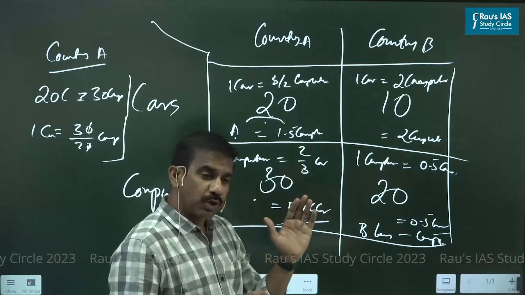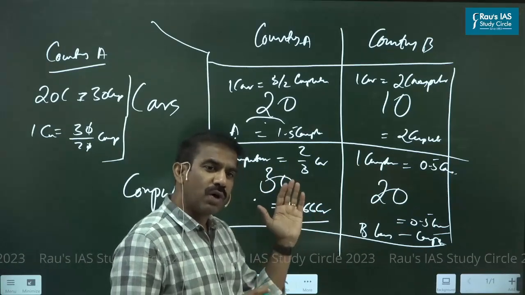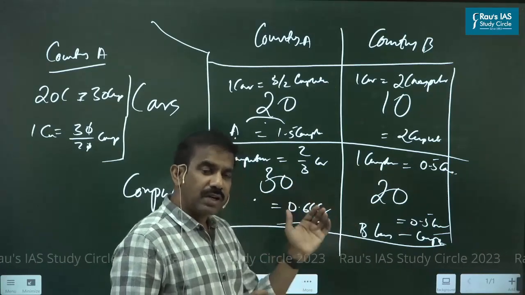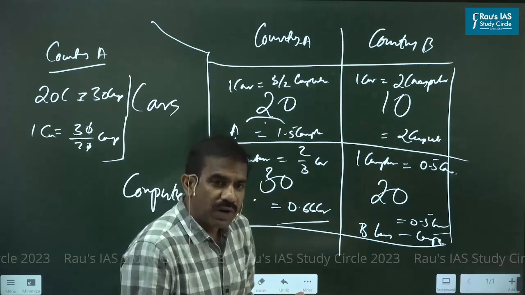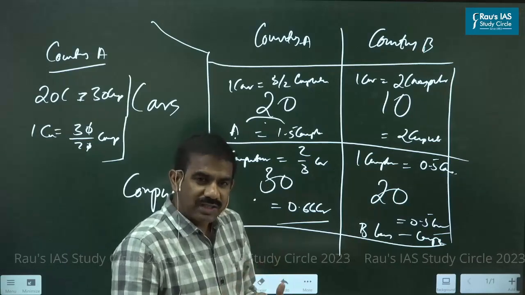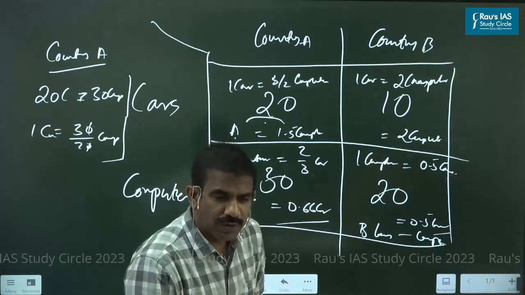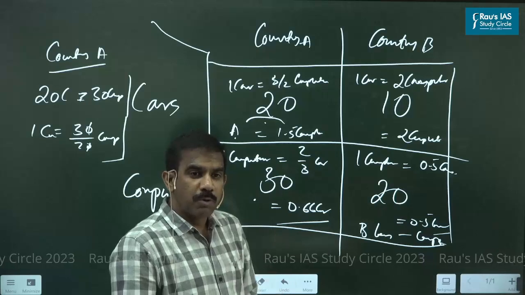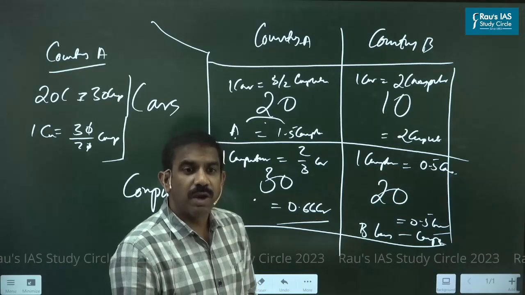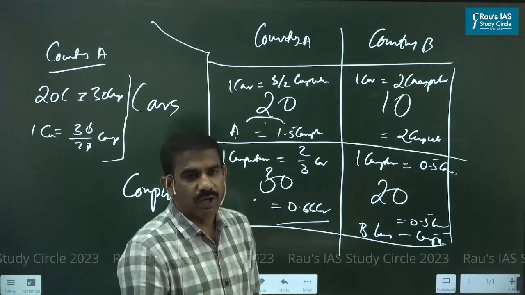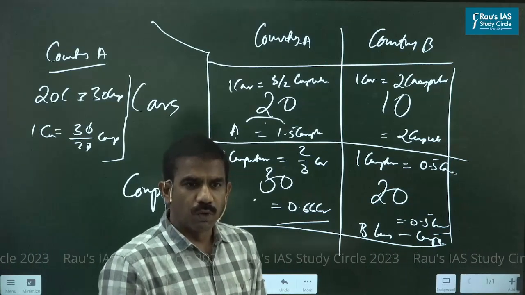So the absolute advantage of A is far better than B. But when it comes to opportunity cost, the number of computers A is foregoing for every extra car is much less than what B is foregoing. But when it comes to an extra computer I produce, the number of cars B foregoes is less than what the other country is going to forego, isn't it?